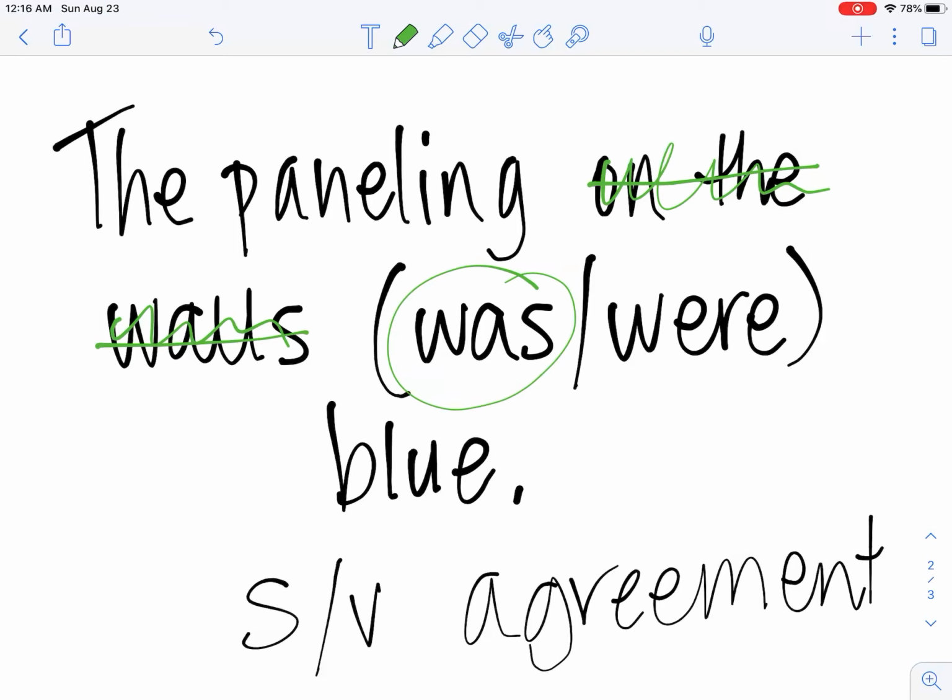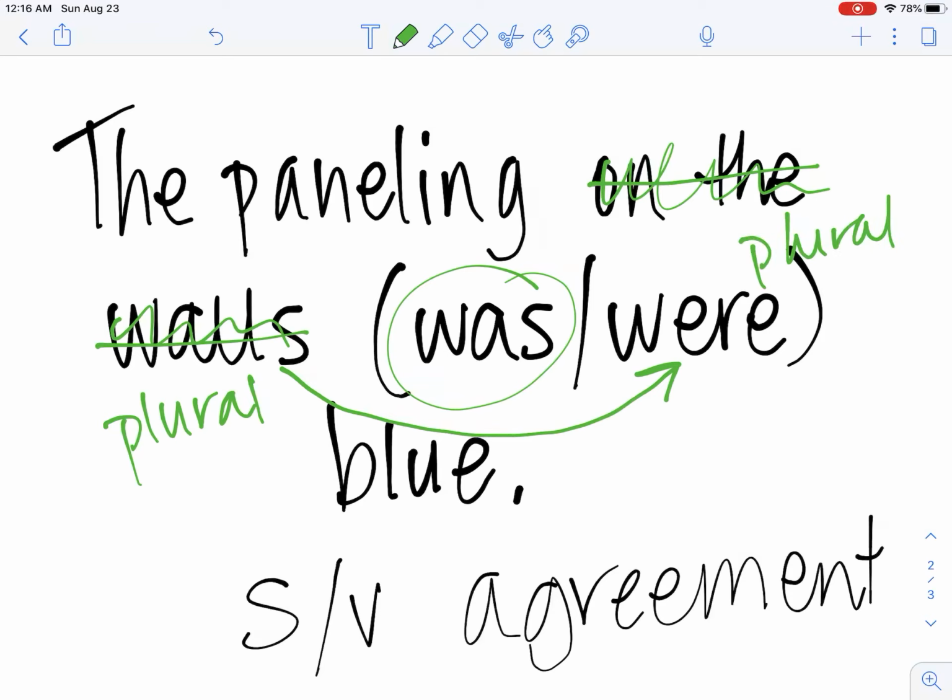But because this word right here, the walls, which is right next to the verb, has an S on it, the ACT would like to trick you and make you think that the verb were would go with it, because this is plural and this is plural. So by making that word be right next to the verb, it makes it tricky. So this is one of the many reasons why we need to make sure that we go over prepositions.